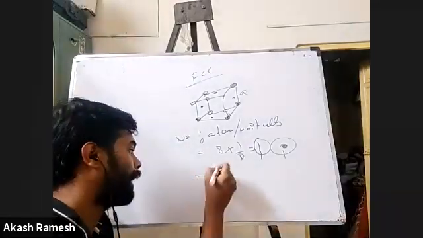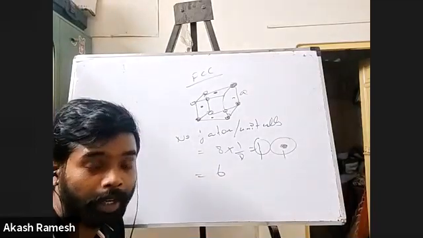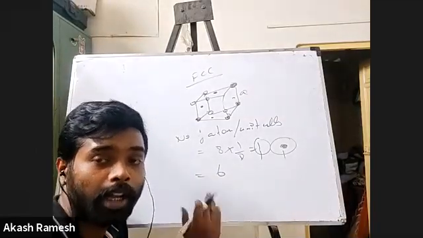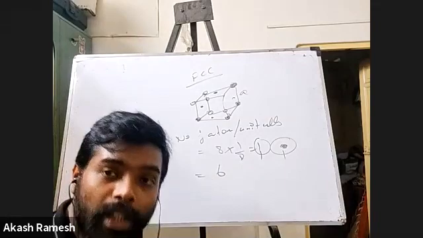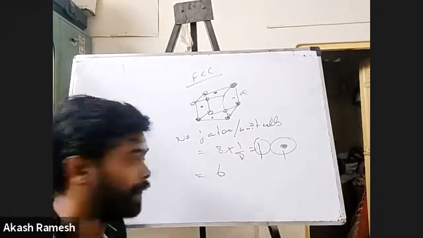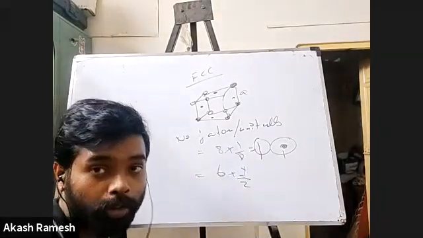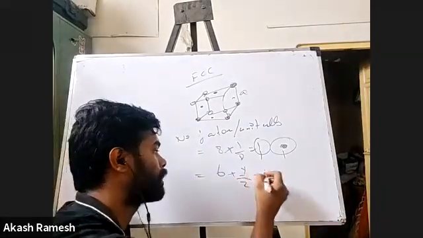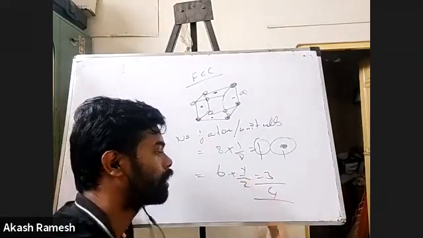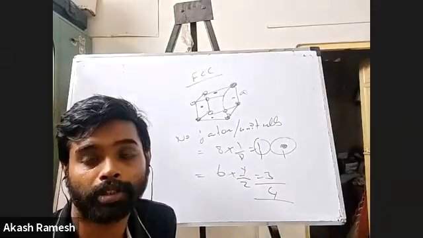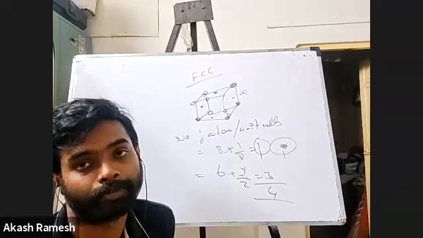Other than that, I have 6 faces, and the contribution of each face center lattice point is 1 by 2. Just now we discussed this can be divided among 2 rooms, right? So obviously I have 3 for this, and totally 4 atoms per unit cell for FCC, right?